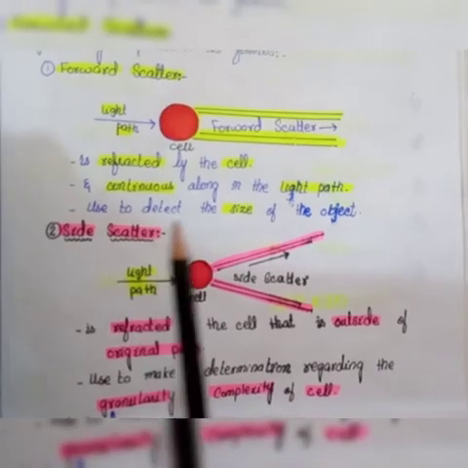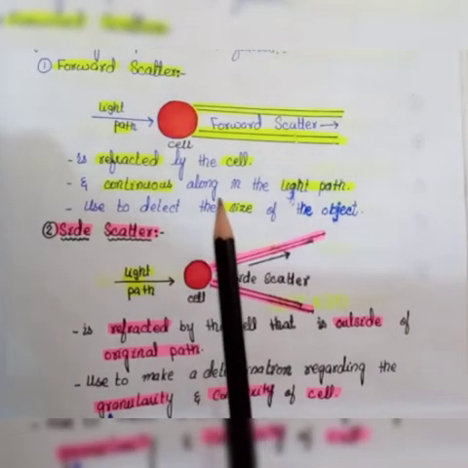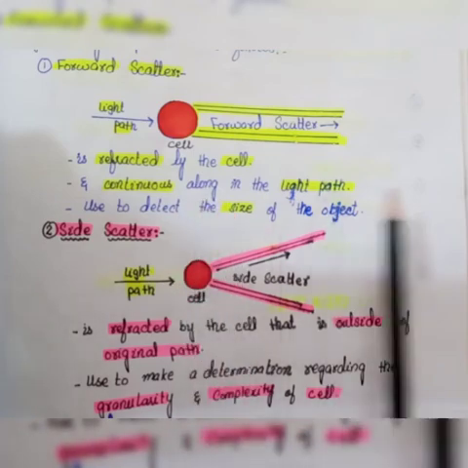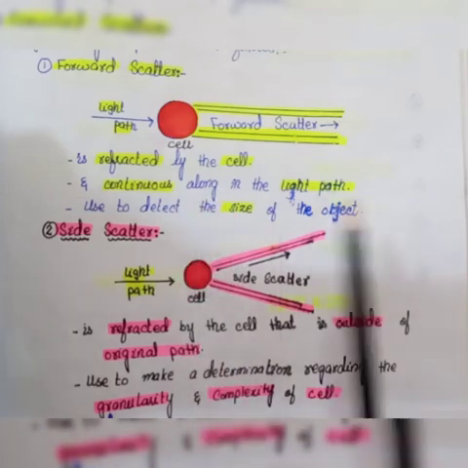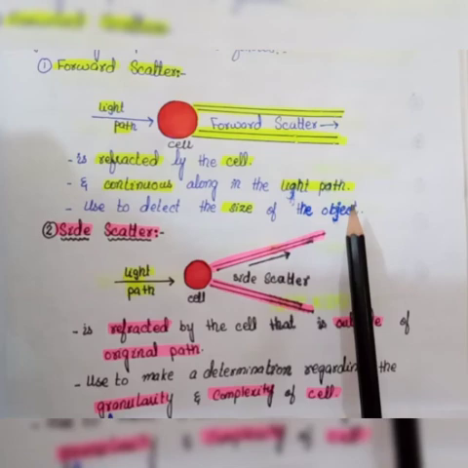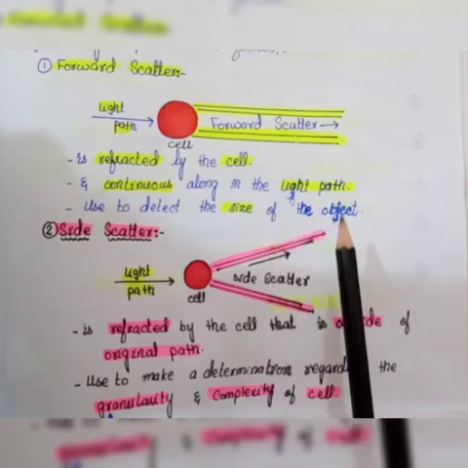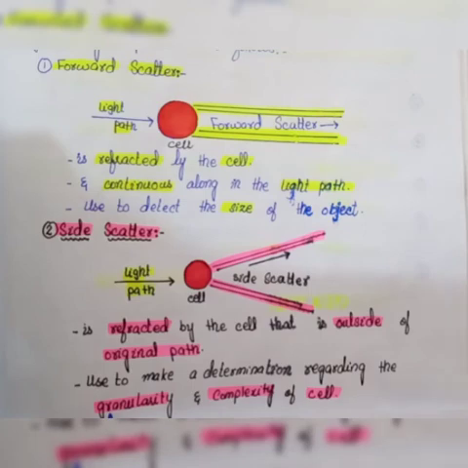Here we have the forward scatter, the light that is emitted by the cell in the forward direction. Forward means it is continuous with the light path, and it is basically used to detect the size of the cell, because a small size will scatter less light and show a higher peak, while large cells will show more scattering of the light and a lower peak.